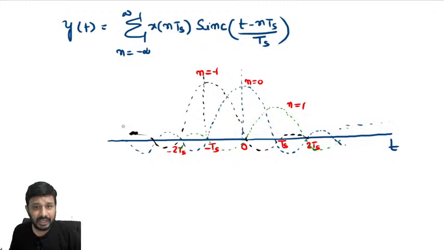You can put dots. And if you add all the sinc pulses, remember my dear students, you are going to get the shape of the original signal. All the sinc pulses addition will give the shape of the original signal. What is the original signal shape?